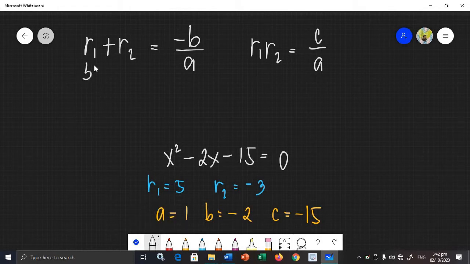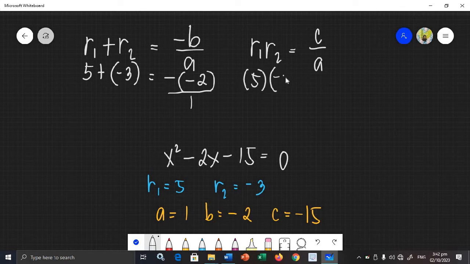So, root 1 is 5 plus root 2 is negative 3 is equal to negative b, negative times quantity negative 2, kasi negative 2 yung b, all over a, 1. Plus yung product ng dalawang roots mo. Okay? Is equal to c over a. Here c is negative 15. Okay? Over 1.